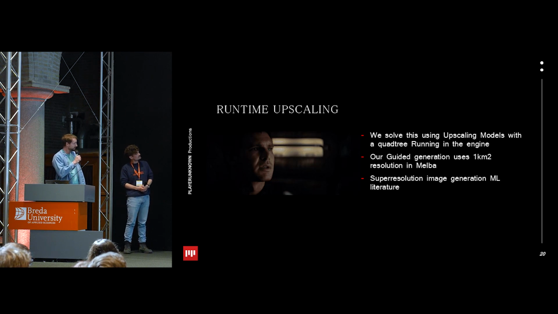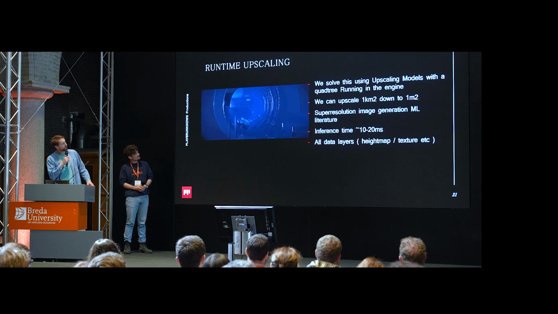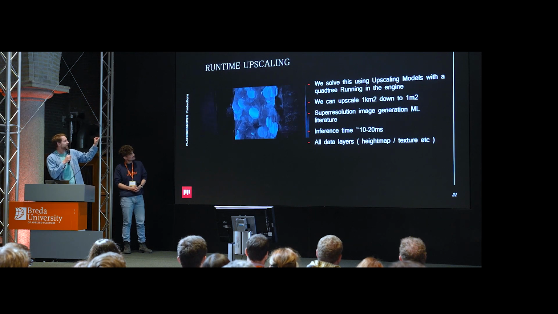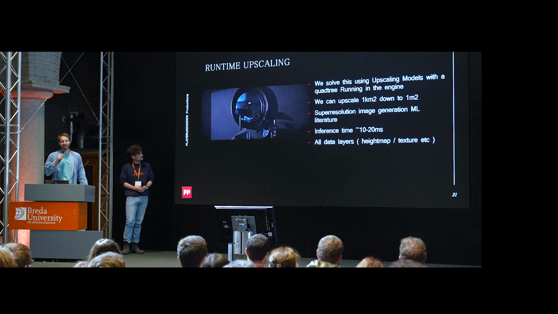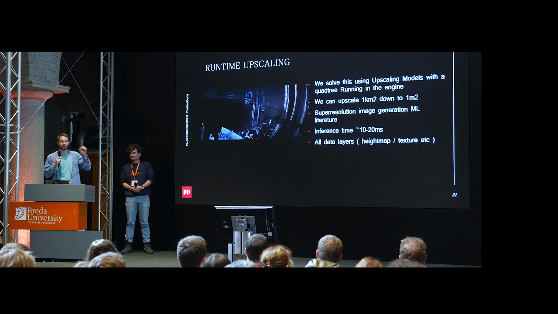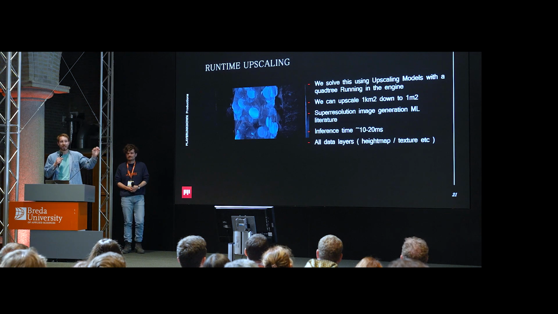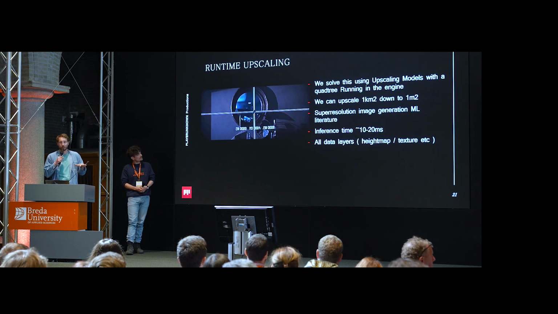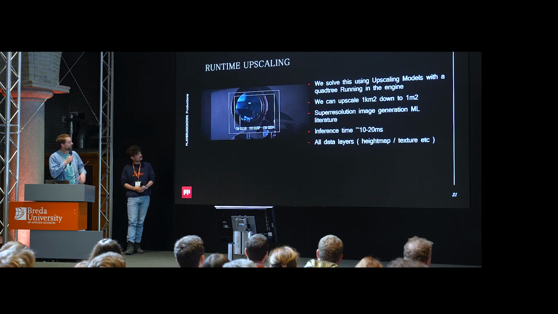It's kind of like Enhance from Blade Runner. But actually, in here, it's kind of giving you the impression that it's finding information that was there in the image. But in reality, what we are doing is generating stuff. It's going from 1 kilometer per pixel to 1 meter per pixel of resolution in the terrain.